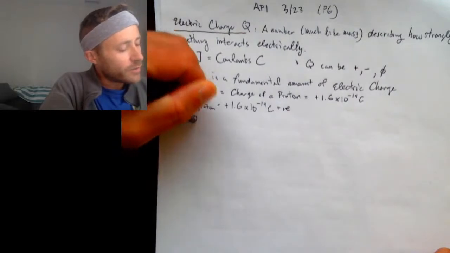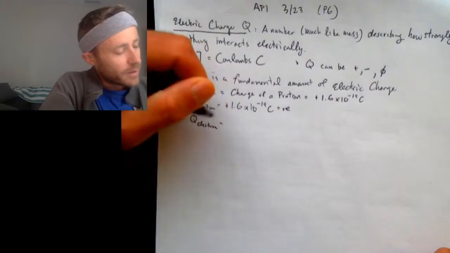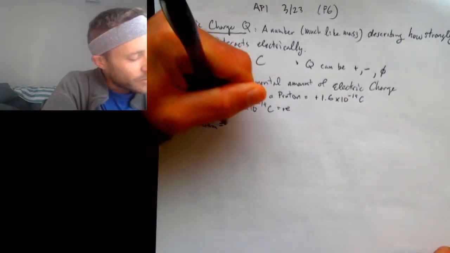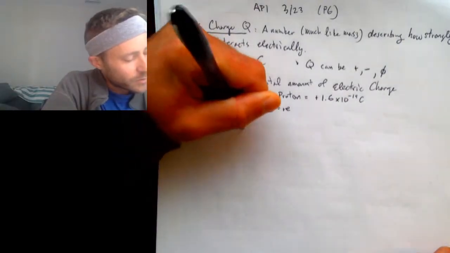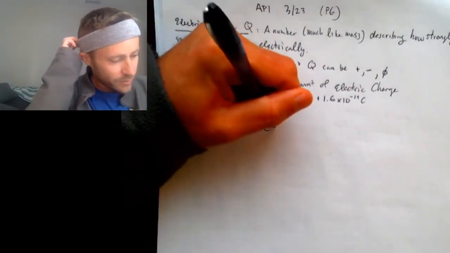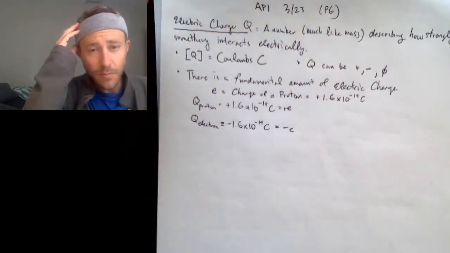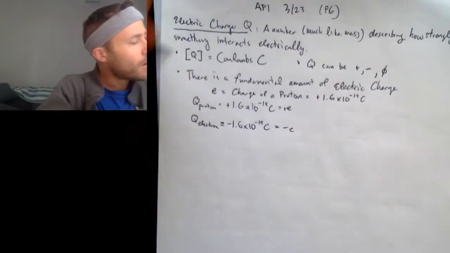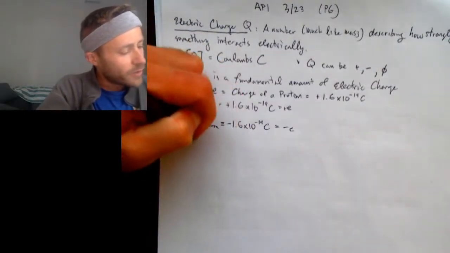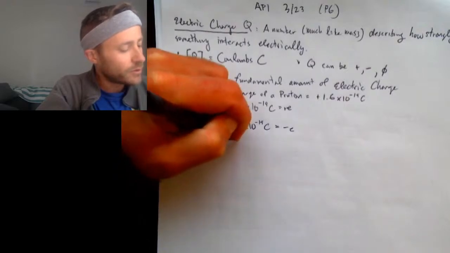The charge of an electron, on the other hand, is minus 1.6 times 10 to the minus 19 coulombs. So that is negative e worth of charge. All right. The charge of a neutron is 0 coulombs.